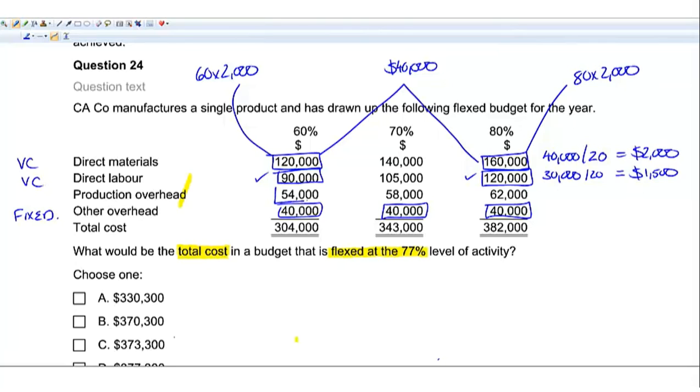Let's look at the production overhead next. So again, using the high-low method, the difference between the two highest and lowest levels of activity is a cost of 8,000. If we divide that by 20, we get $400 per unit.